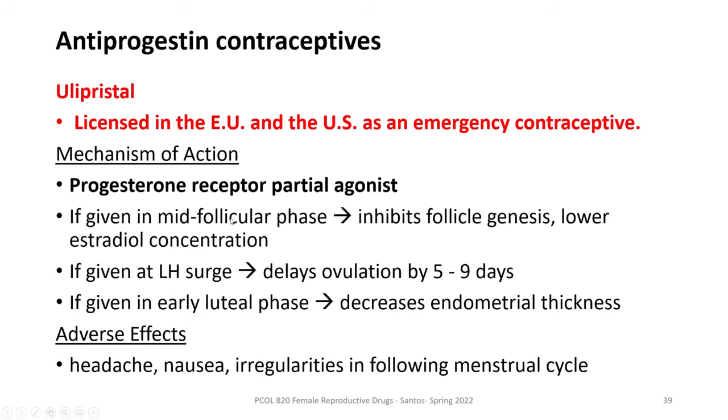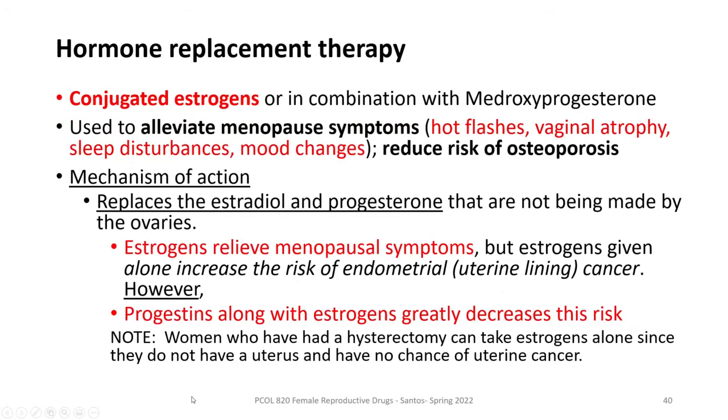If given in the mid-follicular phase, it will inhibit folliculogenesis. If given at the LH surge, it will delay ovulation. And if given during the luteal phase, it will decrease the endometrial thickness, making the environment difficult for embryo nidation. Adverse effects: headache, nausea, and irregularities in the menstrual cycle.